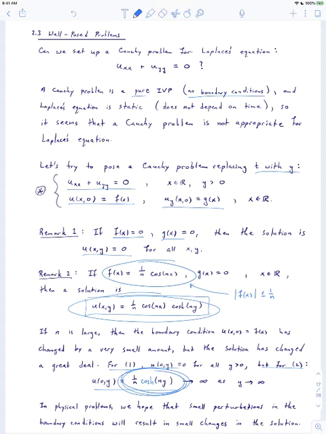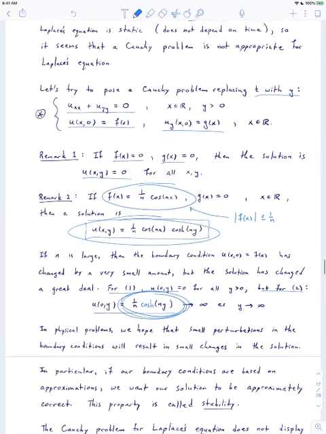Here, we can imagine that our initial information is very close to 0, but not actually equal to 0. Or maybe we've estimated it as being 0, and we get a solution which is 0, but this is quite different from reality. So this is problematic: we start with slight perturbations in the boundary conditions, but end up with very, very different solutions.